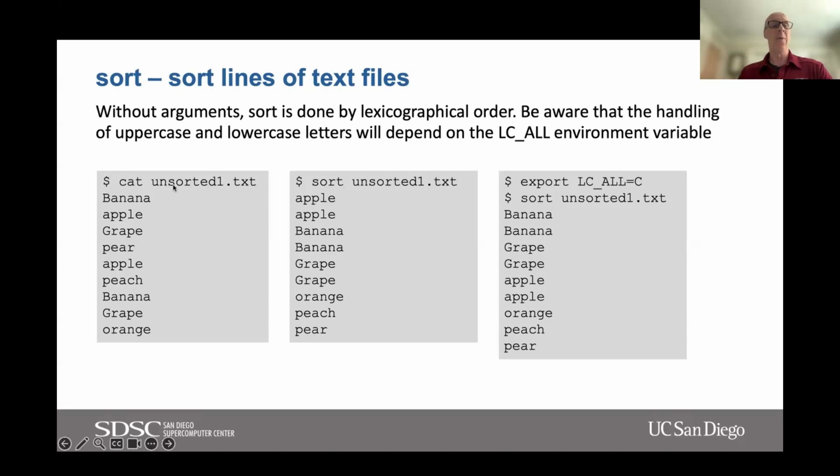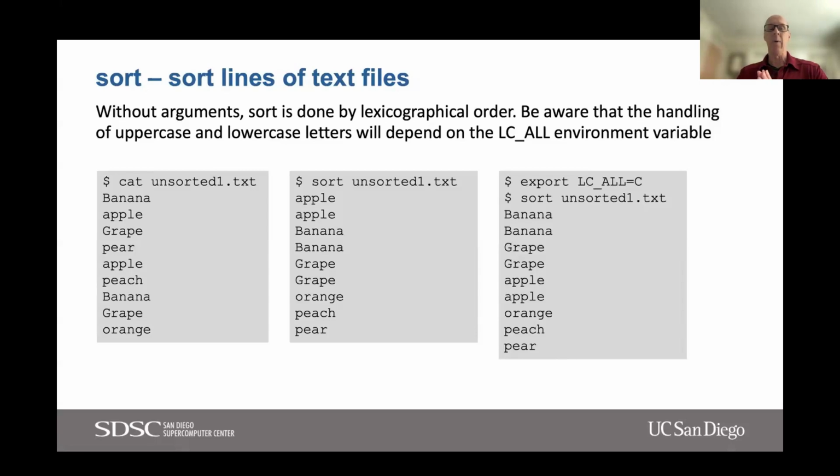So let's take a look at this file. I'm going to call it unsorted1.txt. And we see we have names of fruits, some in uppercase, some in lowercase. So we have banana with an uppercase B, apple with a lowercase a, grape with an uppercase G, and so on. And you'll see that some of the lines are repeated. So we have banana up near the top, and then close to the bottom, apple, grape, and so on are repeated.